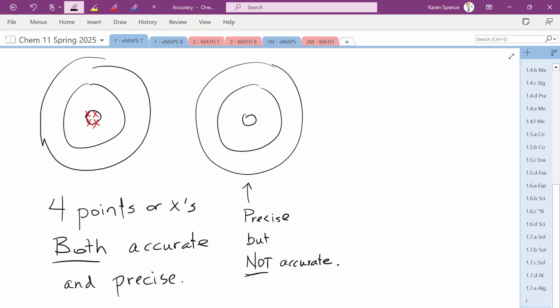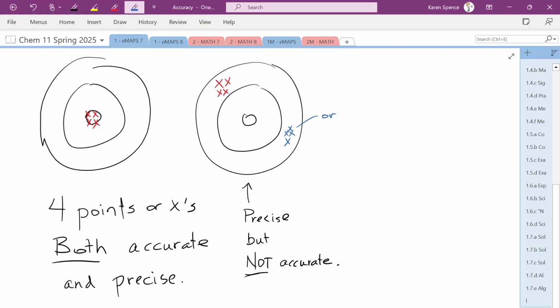So if we are precise but not accurate, do the points have to be close together or far apart? They have to be close together. Should they be near the target or far away from the target? Far away from the target. So we could put them here. That would be possible, but they should be clustered together because they are precise. Or we could have it down here, whatever, as long as it's not really near the target. Okay? So that is our precise but not accurate.